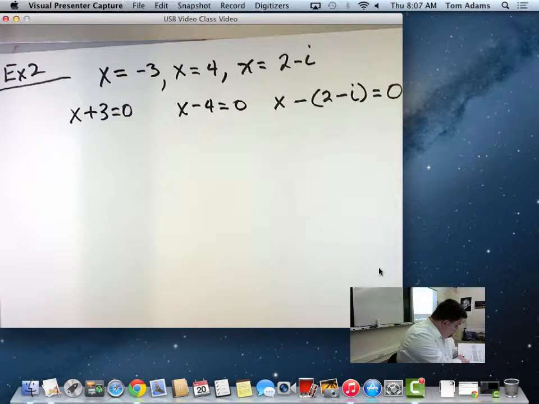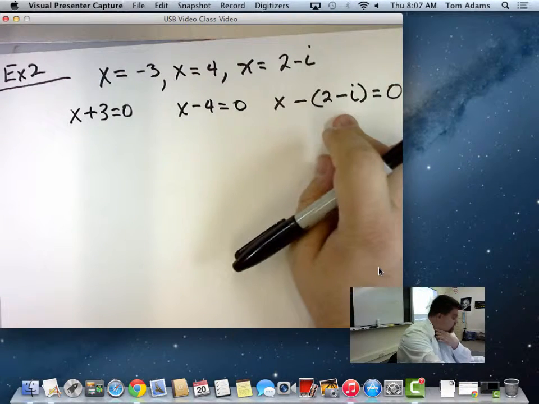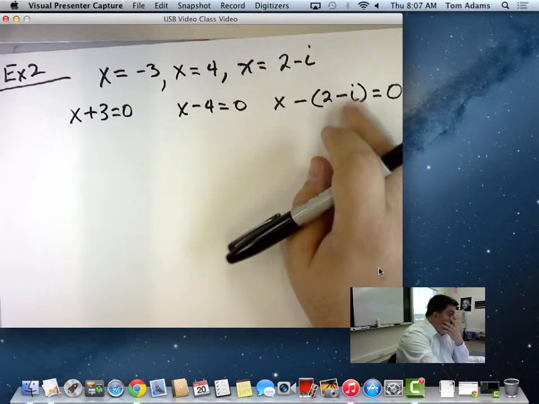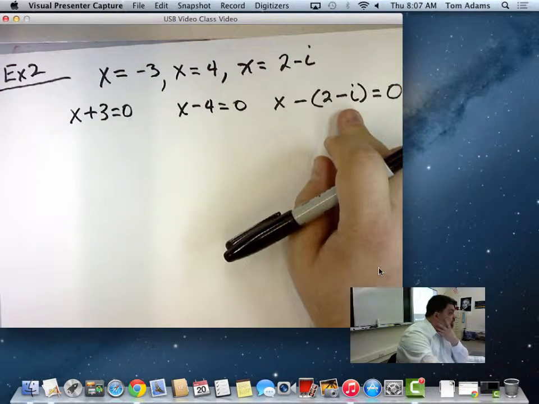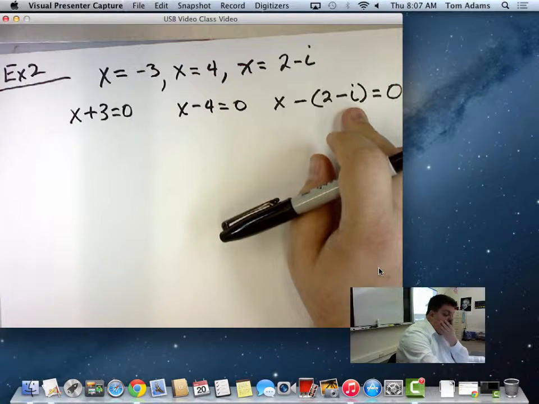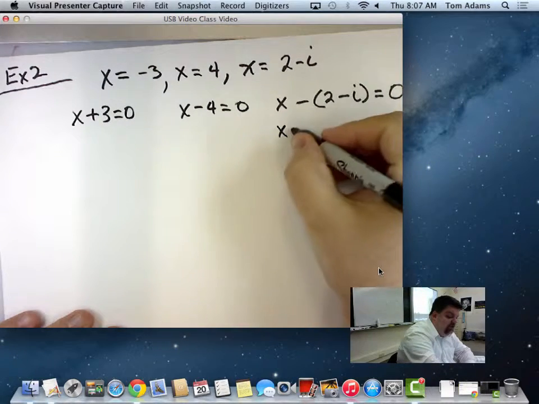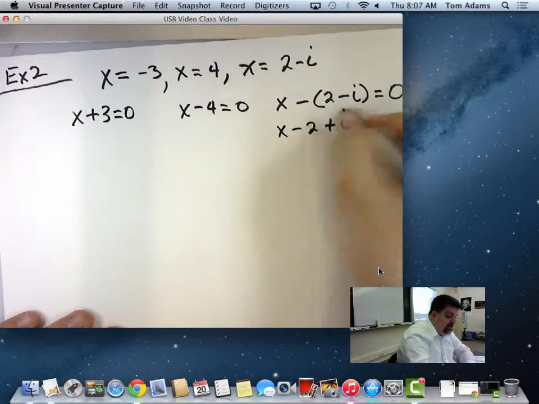Now here's the only thing. When they list it like this, complex numbers never travel alone. They're never by themselves. So the complex numbers always travel in pairs, and they're usually conjugates. And so if I push that negative sign through, I get -2 plus i.